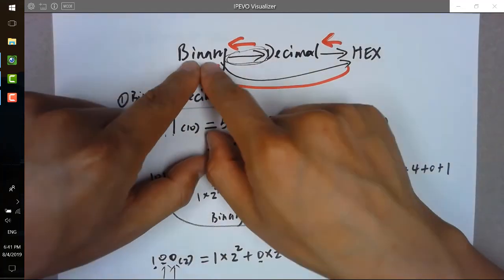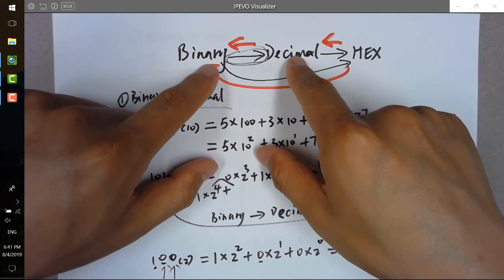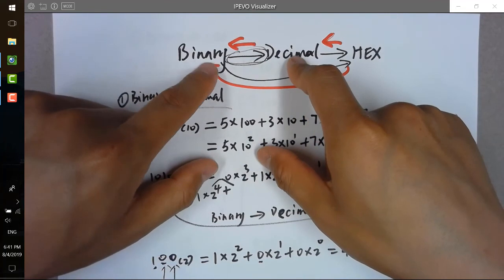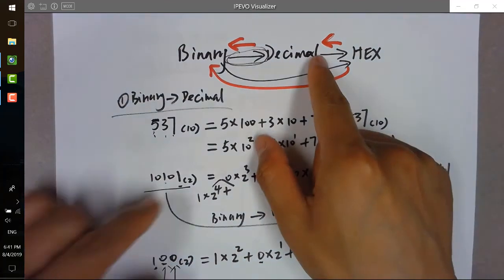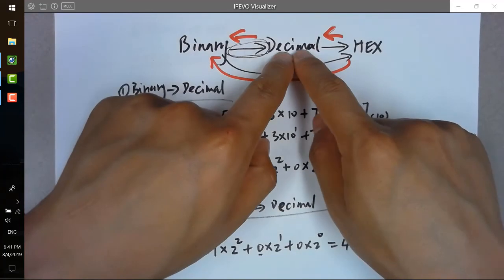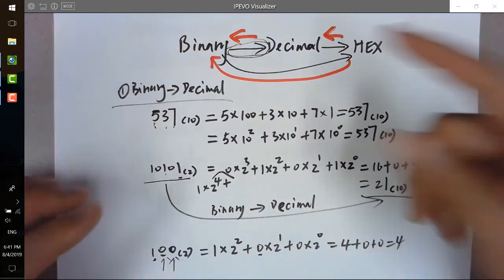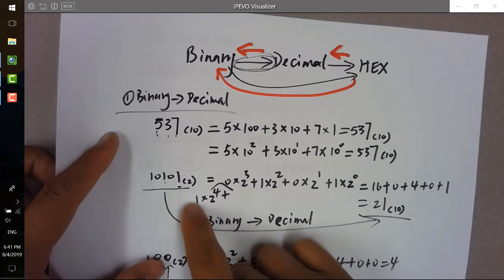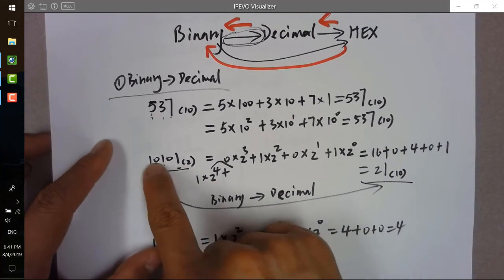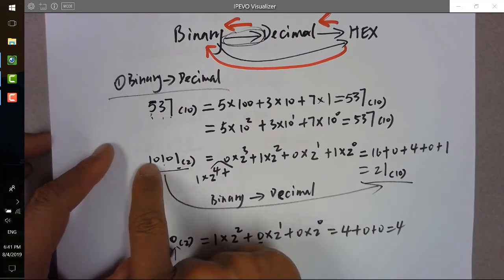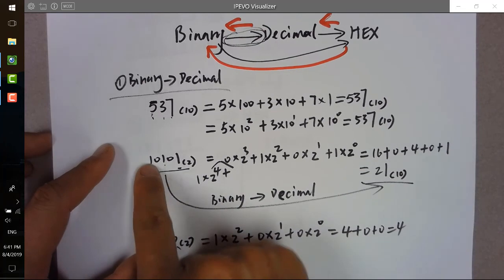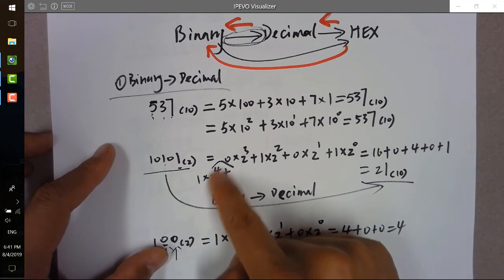So think about that, from binary to decimal, what we did. How can we do that? Binary to decimal, right? Everything being converted to decimal, we actually just use the number as a digit and times how many this number is representing, right? So this number represents 16.